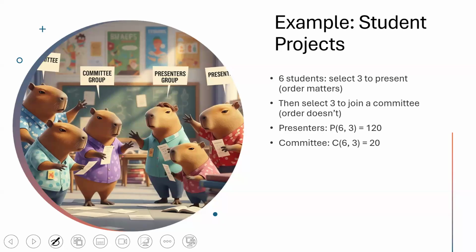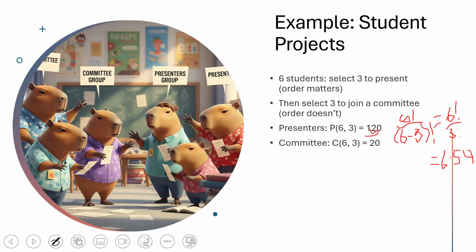So we would do 6 factorial over 6 minus 3 factorial, or 6 factorial over 3 factorial. Again, I can cancel the 3 factorial and just have 6 times 5 times 4 left. So 30 times 4 is 120.